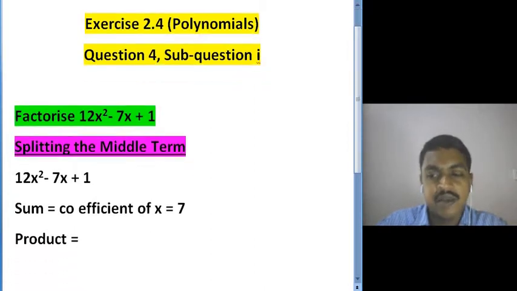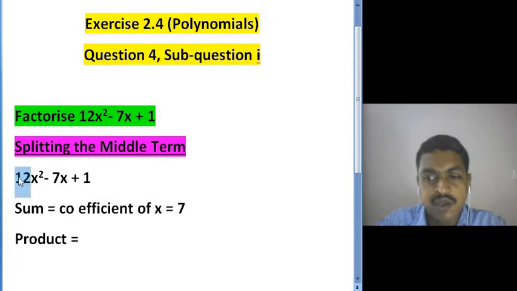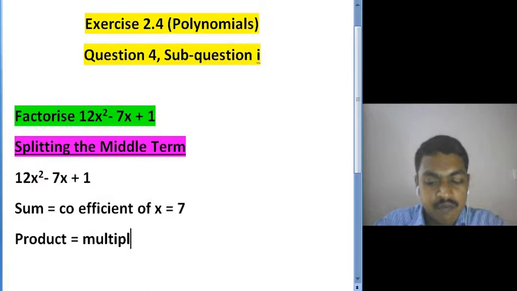Product is what you get when you multiply the coefficient of x square, which is 12, and the constant.